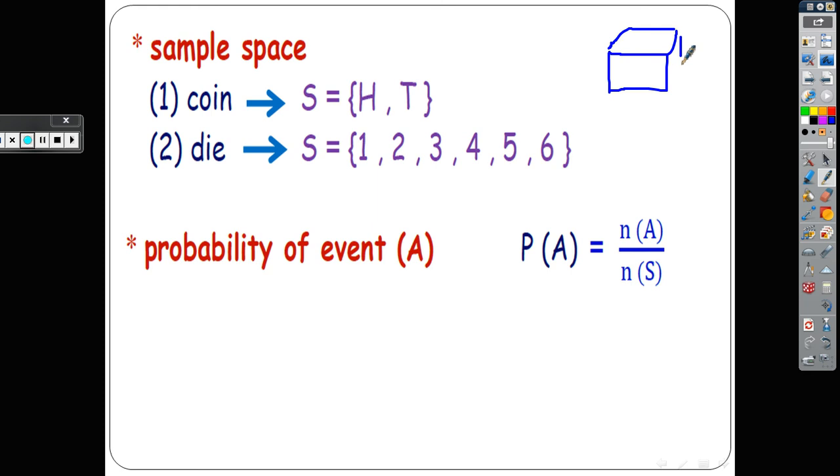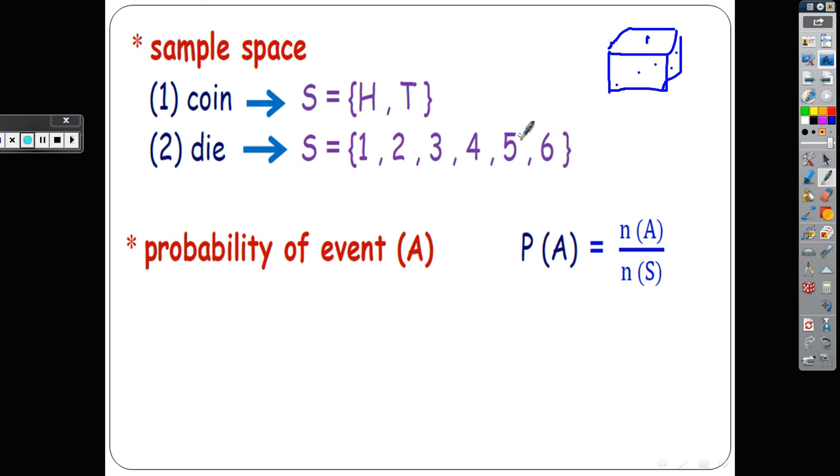It's called the die, or another name is dice. This is 1 point, and this is 2 points, 3 points, and each face contains one number from 1 to 6. So the sample space of the die is 1, 2, 3, 4, 5, and 6.